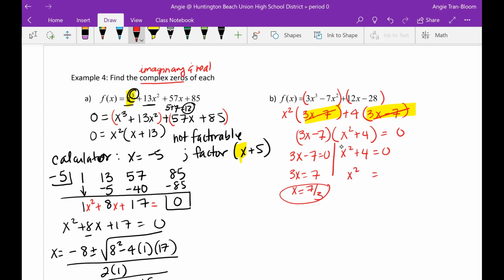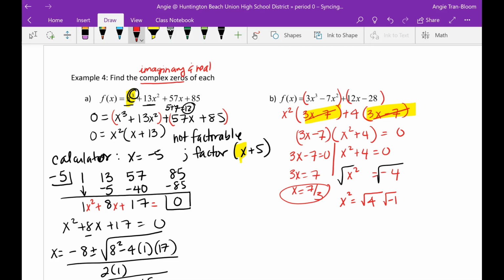So x squared equals negative 4. Well, this one, I definitely expect it to be imaginary because look, I am taking a square root, and when I take a square root, it's the square root of negative 4. Break the square root of negative 4 into square root of 4 times square root of negative 1.